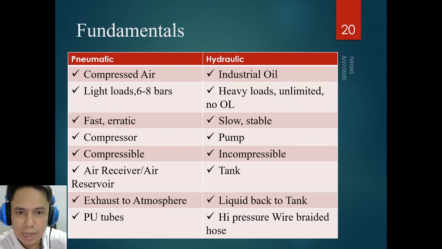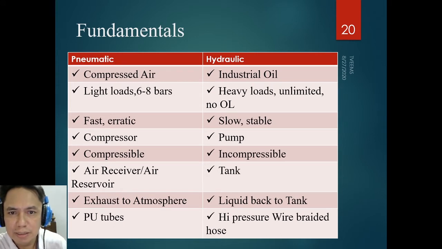So first we have to define what is hydraulic, what is pneumatic, or what is electrical. And I think I have some tabulation here that discusses the merits of each drive.